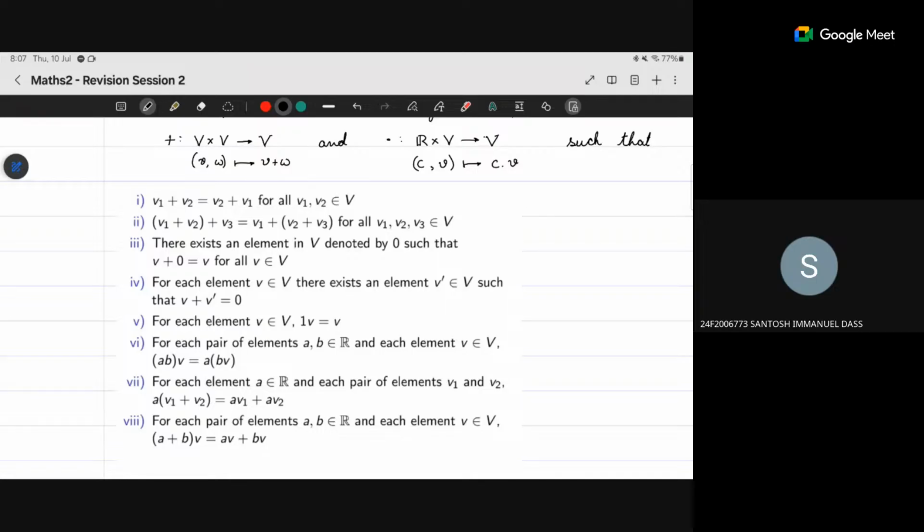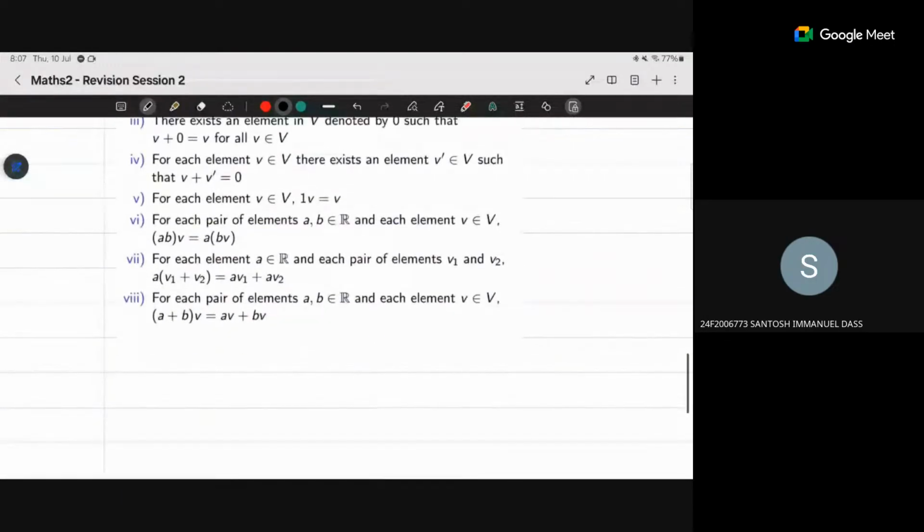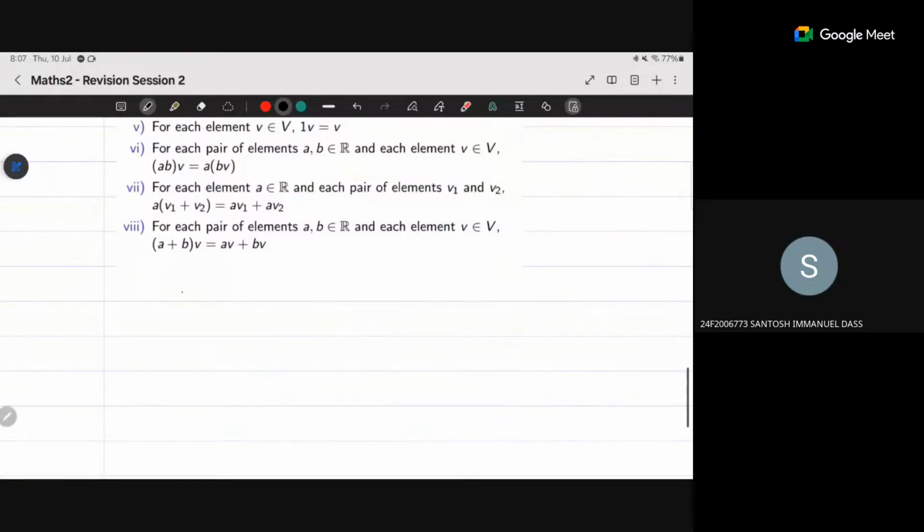As long as we can prescribe the sum of two vectors and the scalar multiplication, or real number multiplication, of a vector in such a way that these 8 properties are satisfied, such a triple, V, plus, dot, the set of 3 objects, one set and 2 operations, is called a vector space.